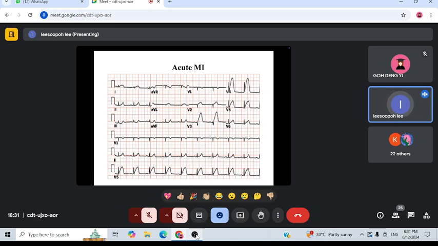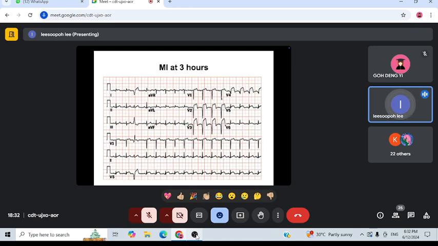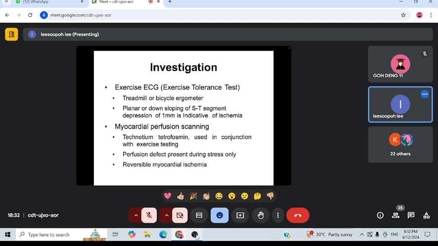You can see a dynamic increase in the ST elevation. Then it starts to form a Q wave, and 3 hours later the Q wave is setting in already. At 24 hours, the ST elevation is coming down and the Q wave is well defined.